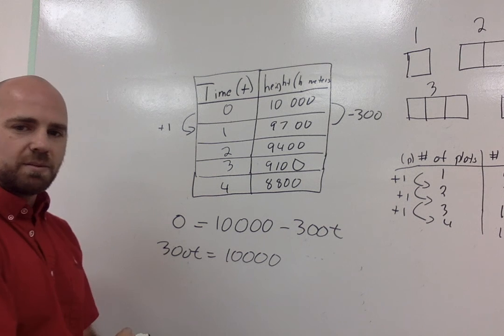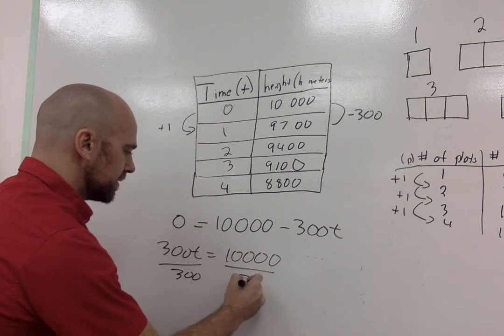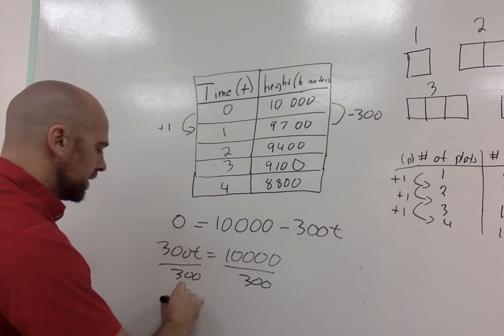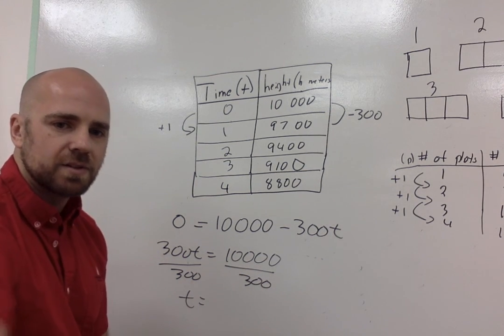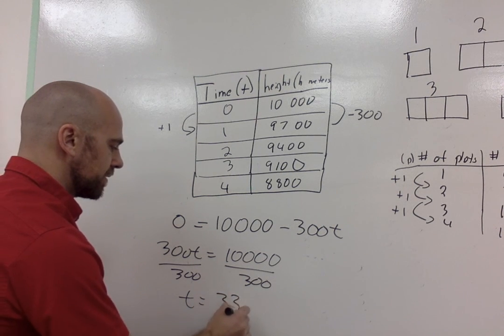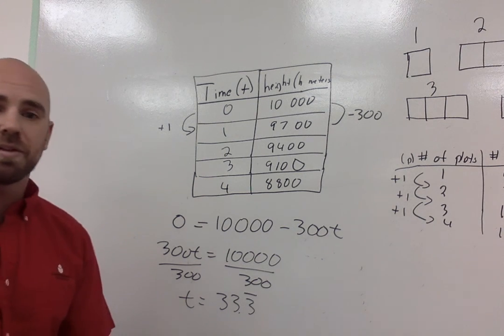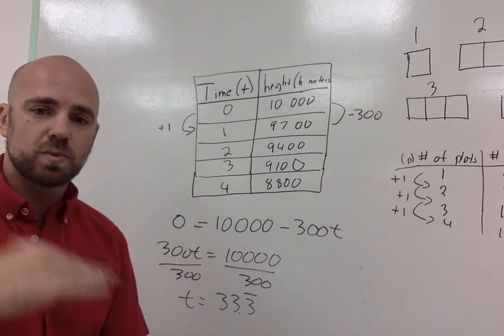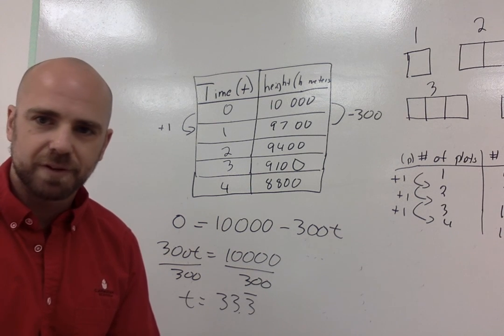I want to get t by itself, so I'm going to divide both sides by 300. Now I have t all alone. 10,000 divided by 300 gives me 33.3 repeated minutes. So after about 33 minutes is when we will have landed from the beginning of the descent.